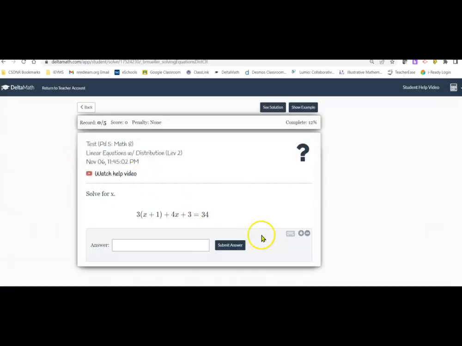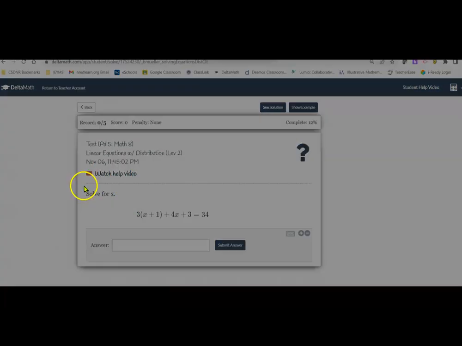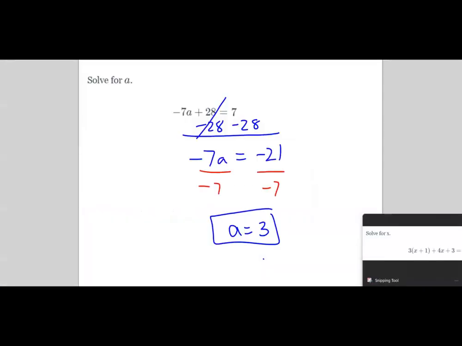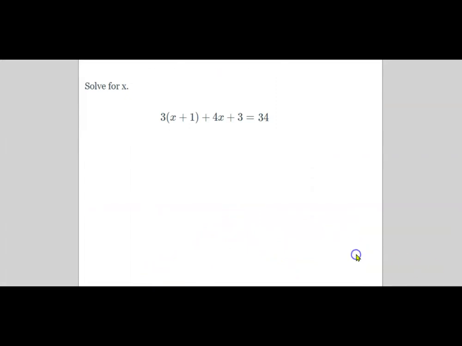Linear equations with distribution. So this one looks pretty long, but the inverse operations are always the same. First thing we need to do is clear these parentheses by multiplying the 3 times every term inside. 3x, and 3 times 1 is 3. Everything else remains the same.